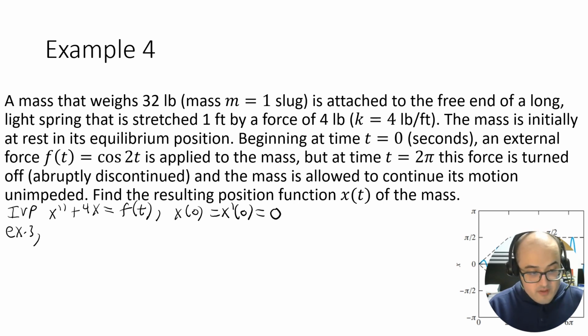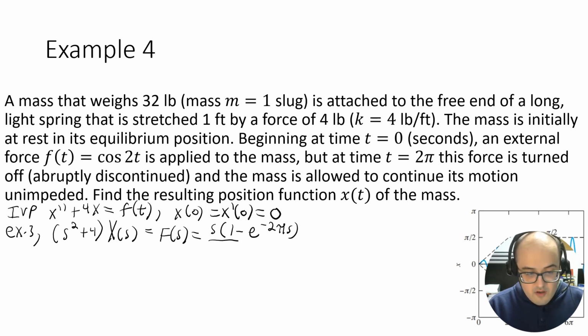So, per example 3, the transformed equation that we get for this would be s squared plus 4 times capital X of s equal to capital F of s, which is s times 1 minus e to the negative 2 pi s, all divided by s squared plus 4.